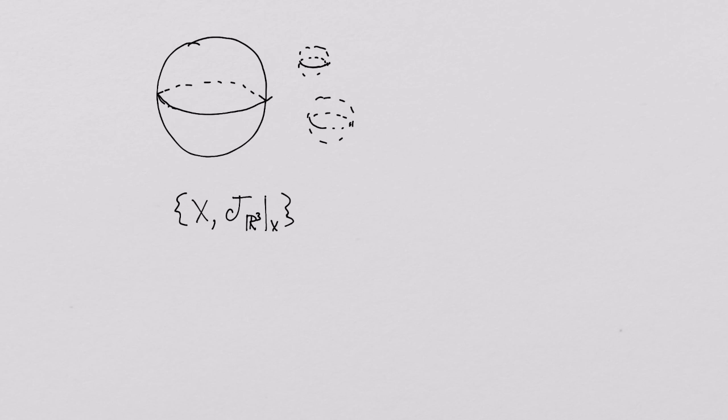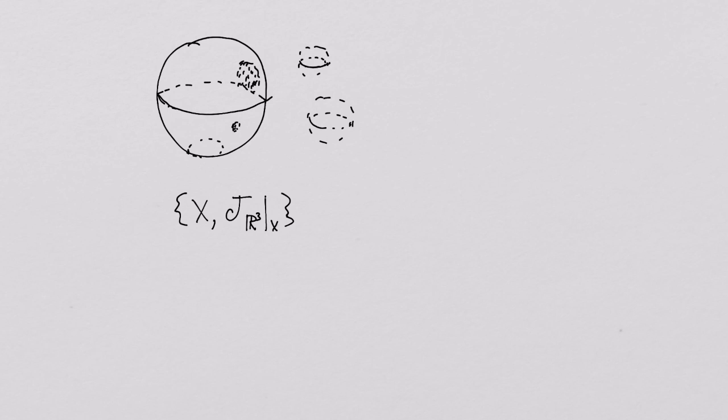Every open ball, some of them will intersect the sphere and create these little disks on the surface of the sphere, sort of these arced, bent disks. And every possible arced, bent disk is going to be part of the basis for the topology of the sphere. So you're basically taking little circles on the sphere, big circles on the sphere.